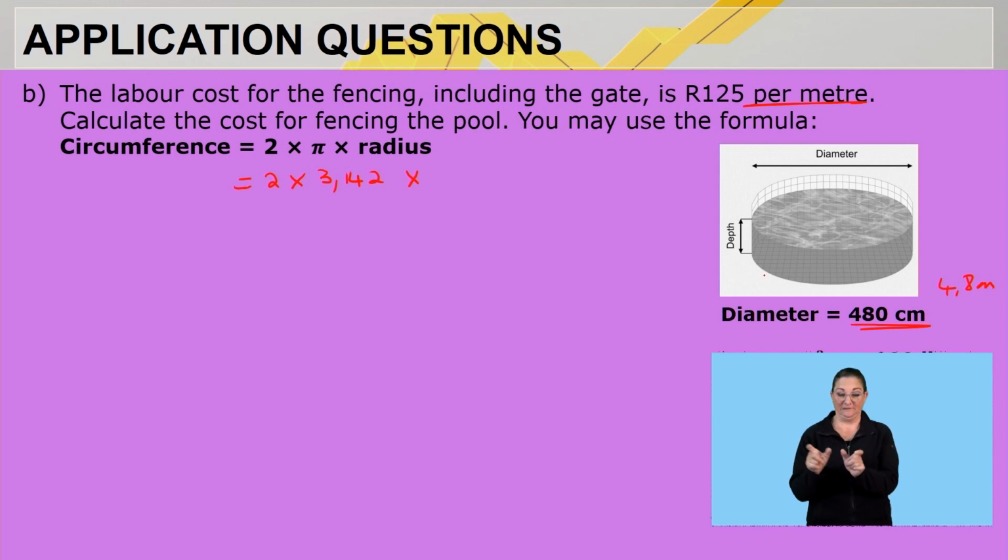So if this is the diameter of the swimming pool, we are saying this is 4,8. So we agree that the radius is half of that. I'll indicate it here so that we understand the logic of what we are doing. So the radius is then 4,8 divided by 2. So the radius is 2,4, and that's given in meters.